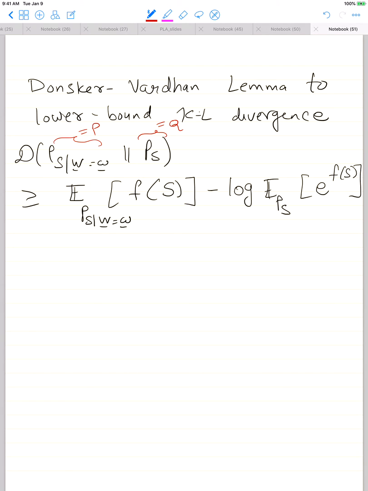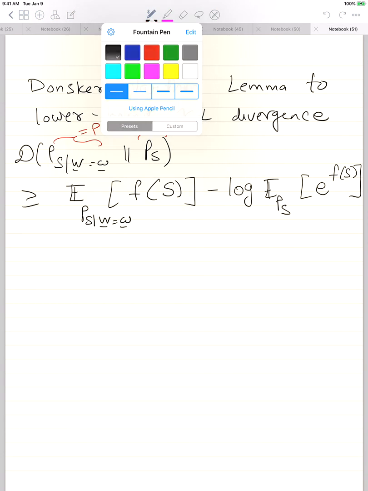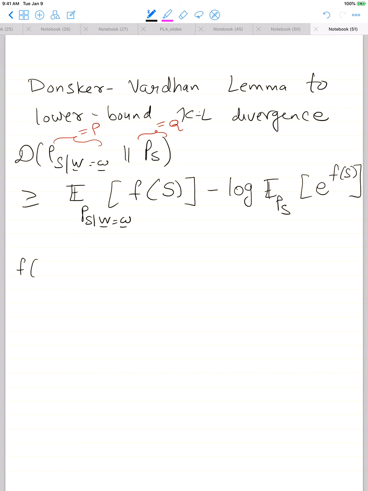So what function do I use? The trick is in choosing the right function. f has to be related to the loss function that we want to bound. The first expectation will be computed with respect to S given w, and here it will be computed with respect to just the marginal.